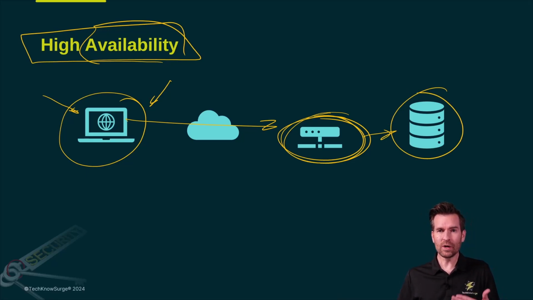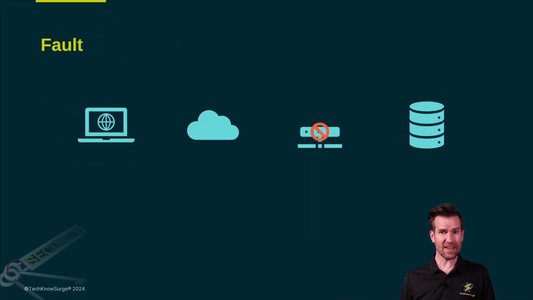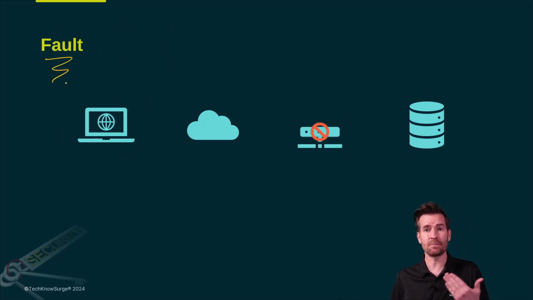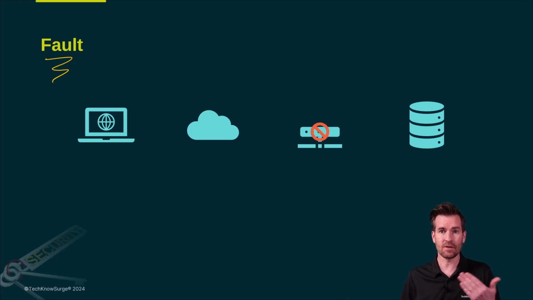And so really what high availability is, it's more subjective. It's really how your users perceive how available your systems and services are. So one thing that can happen on your network is a fault. And a fault could have the potential to limit how much availability you have to your users.